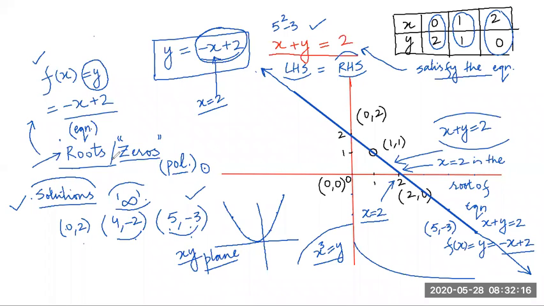In this case, if you take this line, x plus y is equal to 2, see where this line is cutting the x-axis. Very interesting. When you talk about roots or zeros of a polynomial, think where the line or the curve is cutting.